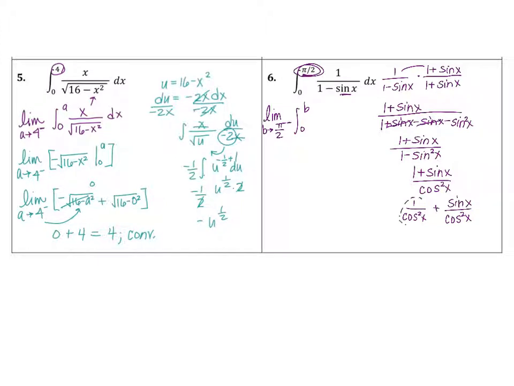Well, 1 over cosine squared is going to be secant squared x, and then plus, and we can look at sine over cosine squared. Well, sine over cosine, that is going to be tangent, and then that would also be sine over cosine times 1 over cosine, which is going to be secant.